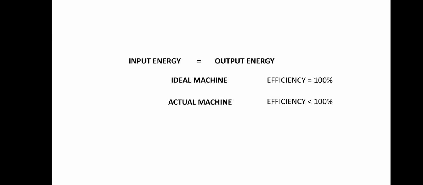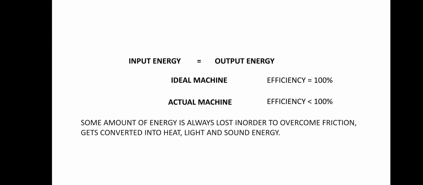In an actual machine, some amount of energy is always lost in order to overcome friction or gets converted into heat, light, and sound energy. Therefore, the same amount of output energy won't be obtained at the output end or at the load point.